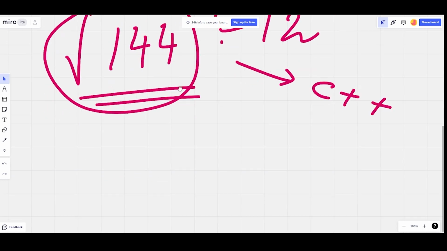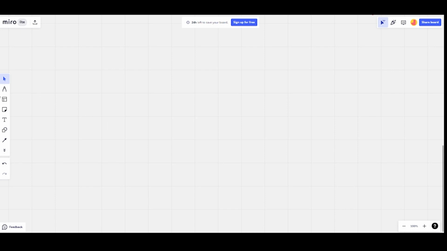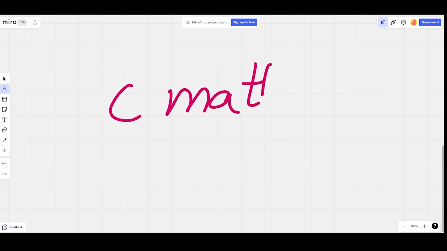Before we use any of the math operations, you have to know one header file which we call cmath. This header file has all those libraries which help us do math operations like square root, and then we have other functions like round, floor, ceil, and every basic function that I will show you today.